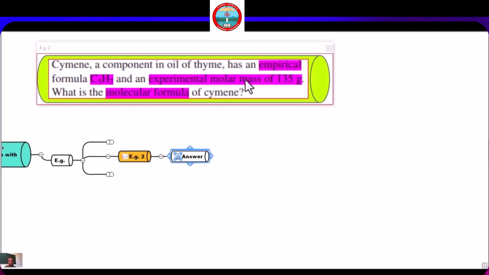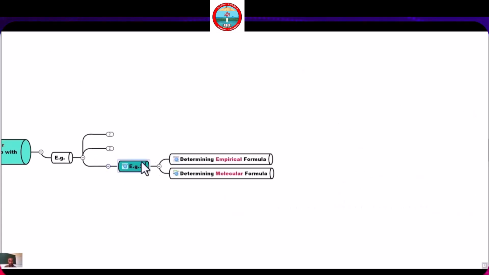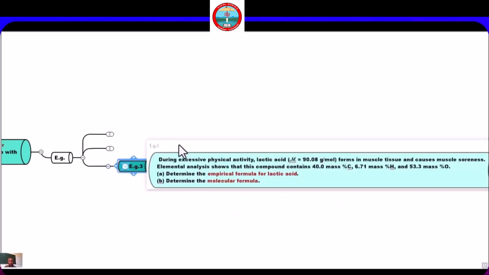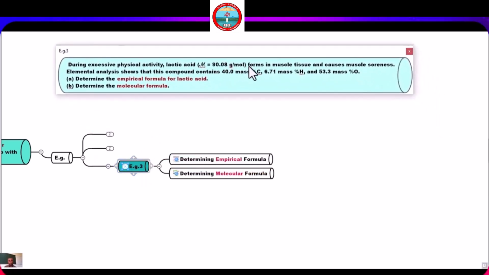Example 3 is this. We have given that the molar mass of the compound is 90.08 gram per mole, and it contains 40 percent by mass of carbon, 6.71 percent by mass of hydrogen, and 53.3 percent of oxygen.